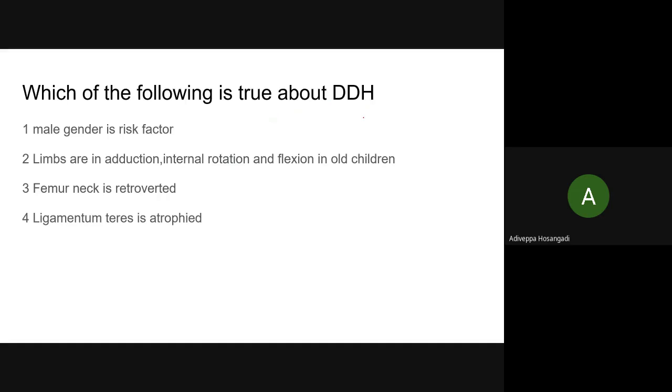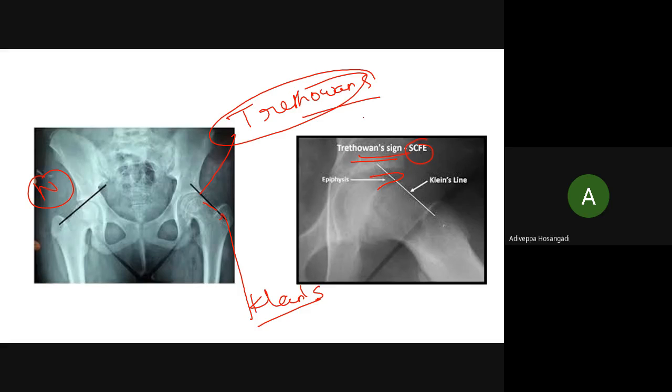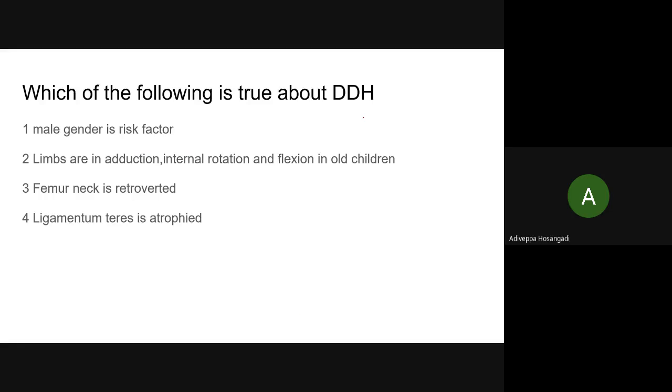Then we'll go to slipped capital femoral epiphysis. I will explain certain things about it. Please remember, it is common in male children, and it can happen in two types of body habitus: an overweight child, or tall and thin children.